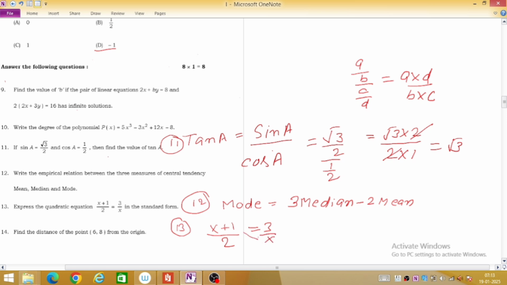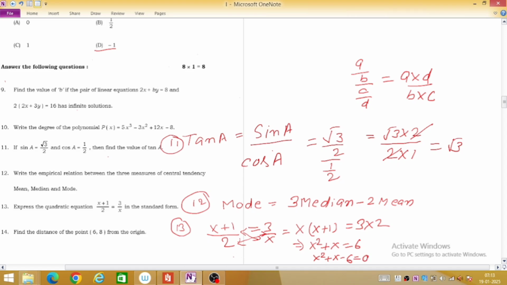You do cross multiplication. Here x plus 1 equals 3 into 2. Then here you multiply: x square plus x equals 6. Then x square plus x minus 6 equals 0.